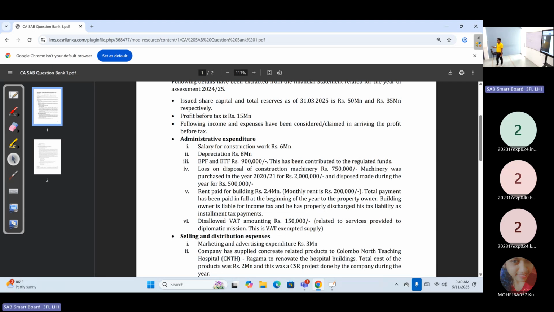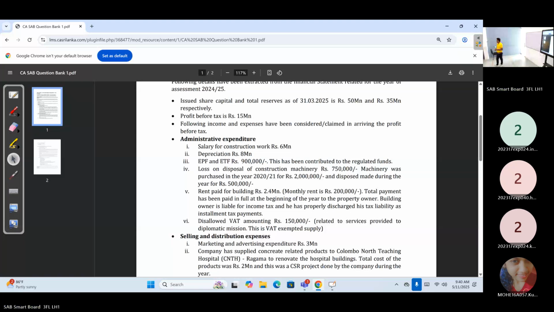Any expenditure on which the payer has to deduct tax, we call withholding tax, is a non-deductible or disallowable expenditure.